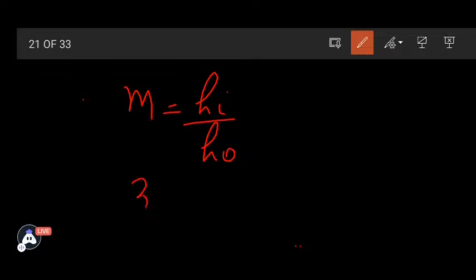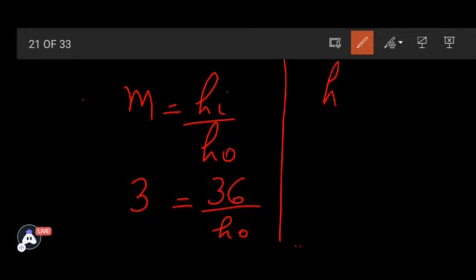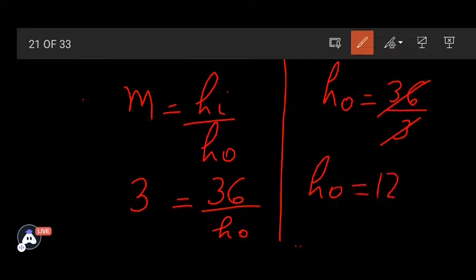So magnification was 3, height of image was 36, and we need to calculate the height of object. I was considering that we need to calculate the distance of the object. Extremely sorry. So height of object is equal to 36 upon 3, and we solved it and the height of object turned out to be 12 centimeter. So the correct answer for this question is 12 centimeter.